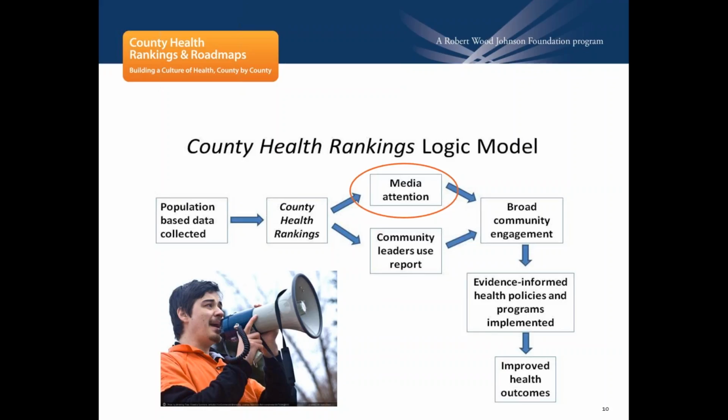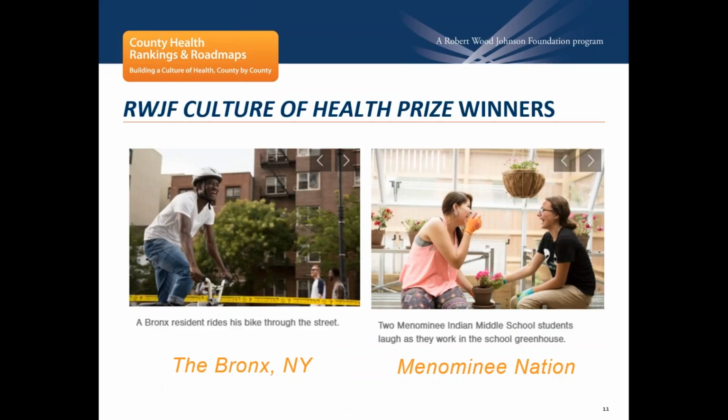So 2 of the communities, the Bronx in New York and Menominee County in Wisconsin, now these are about as different as you can get, right? So Menominee is a small rural county that shares its borders with the Menominee Indian Reservation, and the Bronx is urban and obviously, you know, it's huge. But both communities have used their low ranks as rallying points. So in the Bronx, the hashtag #Not62 campaign is a call to action, and it is a collective effort to create an environment where everyone in the community can attain the highest level of health, and so that means different things throughout the community.